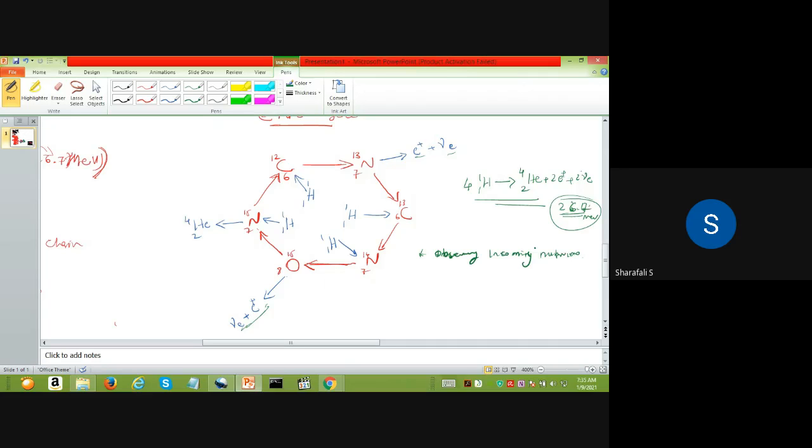Okay, so we observe these electron neutrinos coming out from these reactions, see what their energy is, and compare that energy with the calculations that we made.